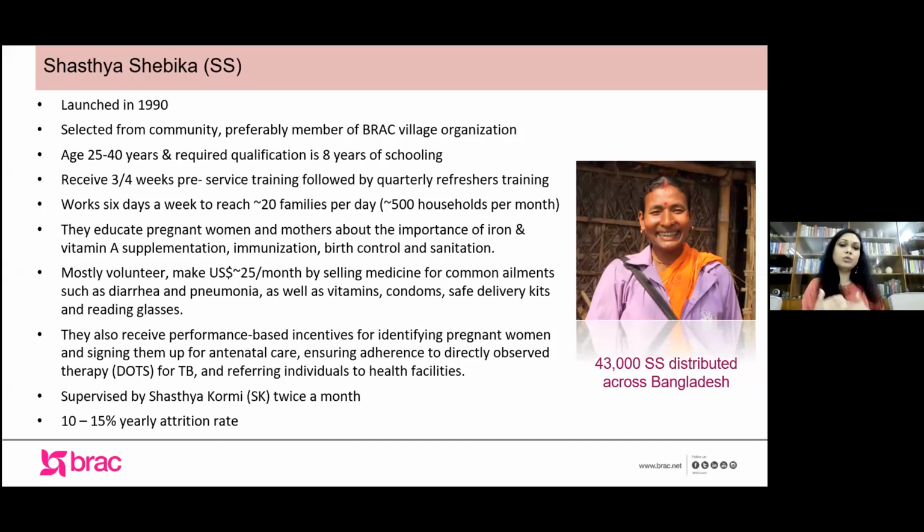So through selling those commodities and medicines, and also providing other services, they earn some money, and the amount is around $25 a month. So this entrepreneurship model makes them sustainable over the years, and their acceptability in the community usually increases as their portfolio of services increases over time. They provide treatment of diarrhea, pneumonia, the common ailments, fever, cough and cold.